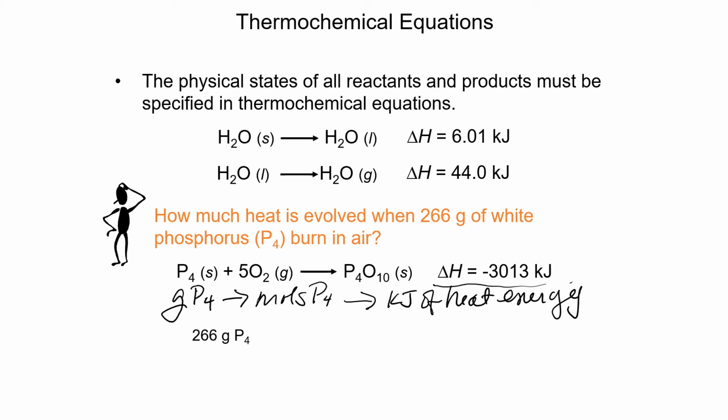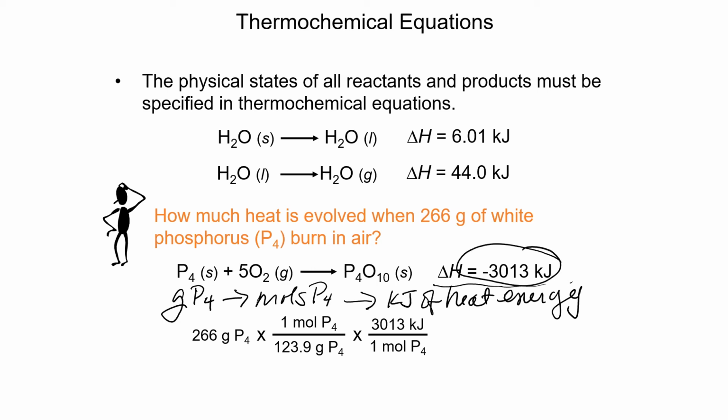So this is our mass of P4 times the molar mass, canceling the grams, converting to moles, and then this relationship. Now notice that it doesn't show the negative. And that's because this question is worded in this manner. Heat is evolved.